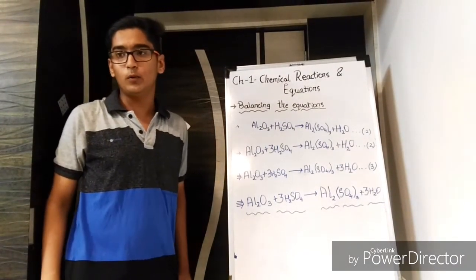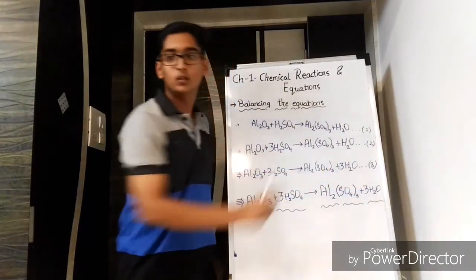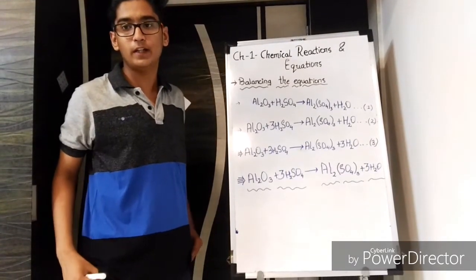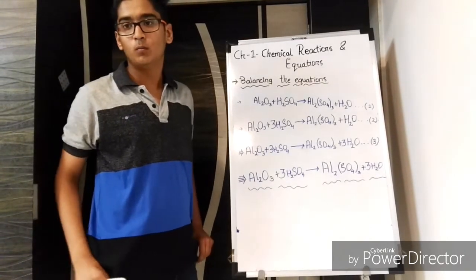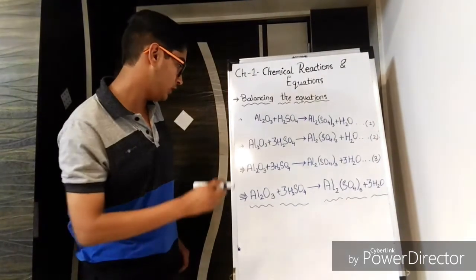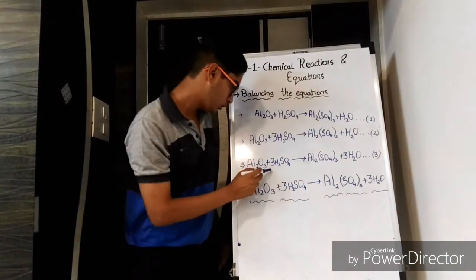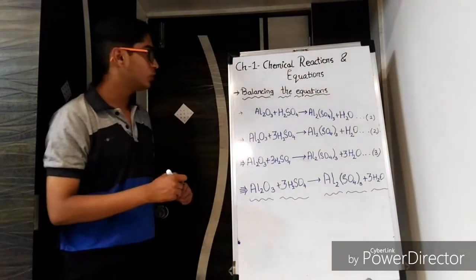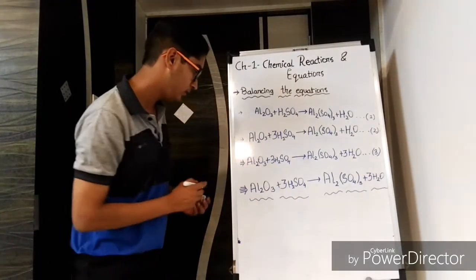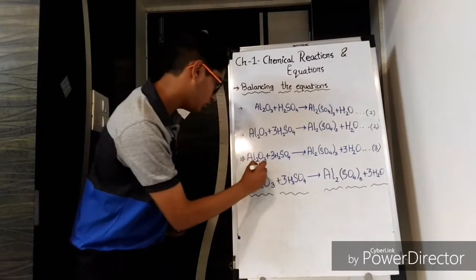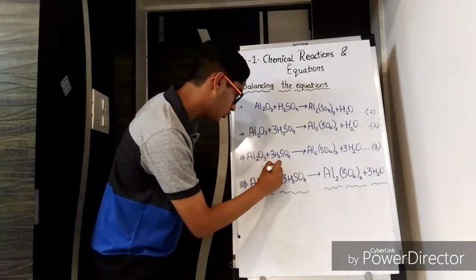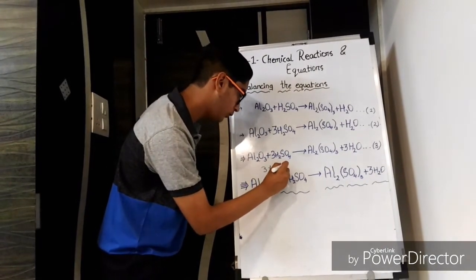Now in the equation, the oxygen atoms are 15, both in the reactants and product side. So this is 3 oxygen plus 3 4s are 12. So 12 plus 3 is equal to 15.